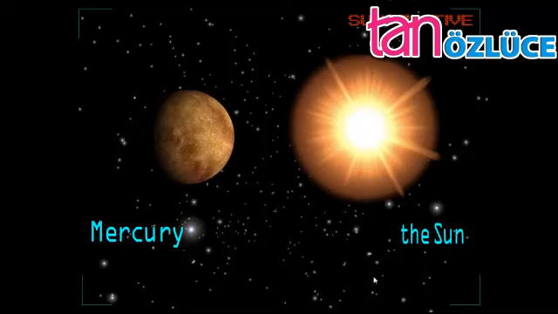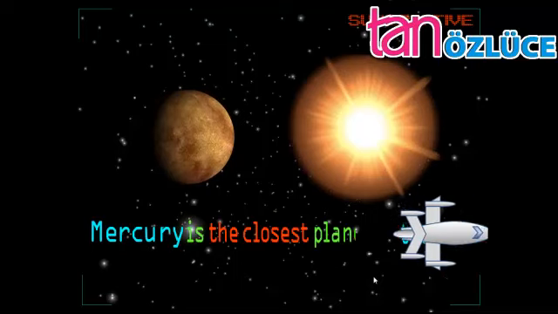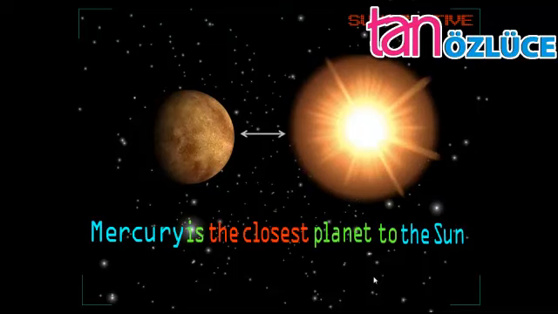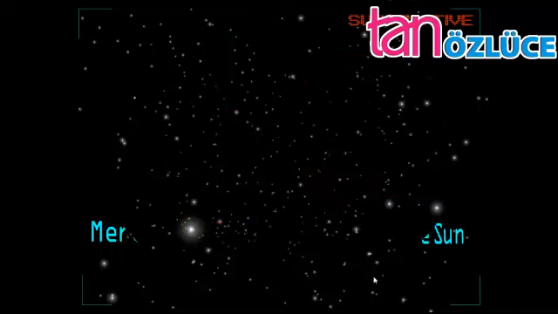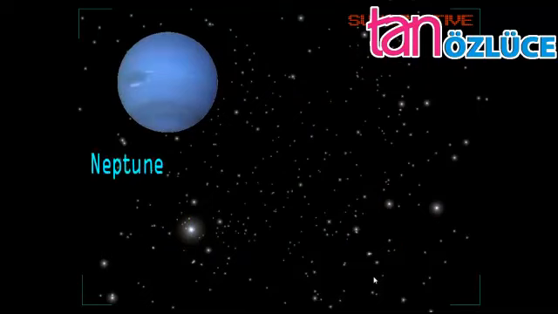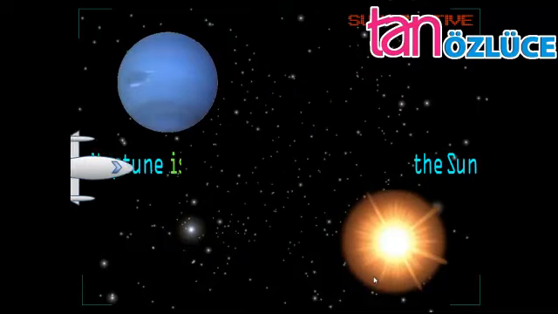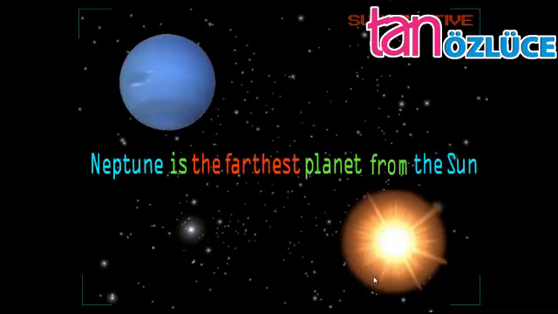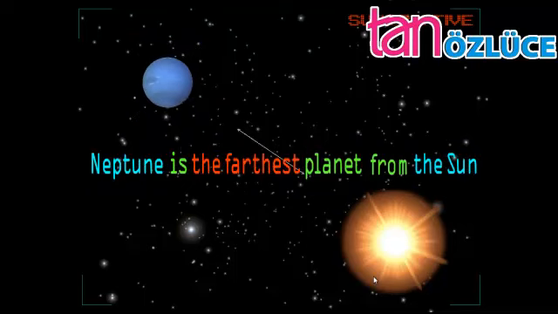Mercury is the closest planet to the Sun. Neptune is the farthest planet from the Sun. Here we use the superlative form of far, okay? Far, the farthest.